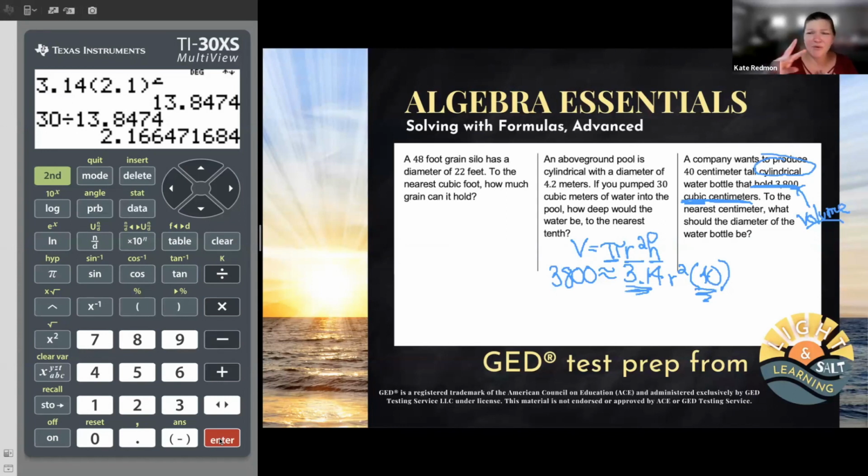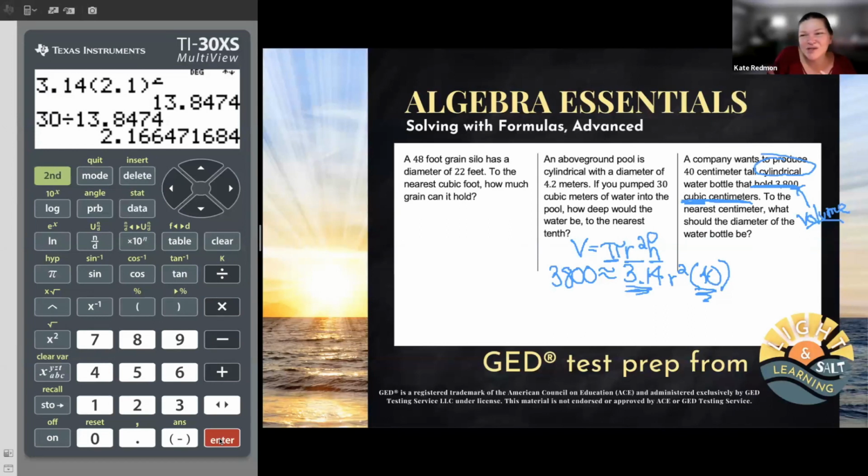But I know that when three numbers are multiplying, I can multiply in any order I want. I can go ahead and multiply those two numbers together, because even though you're technically supposed to do exponents first, when you simplify, we're not affecting the r squared at all. That's just three straight numbers multiplying here. Since that square only applies to the r, I can go ahead and do this.